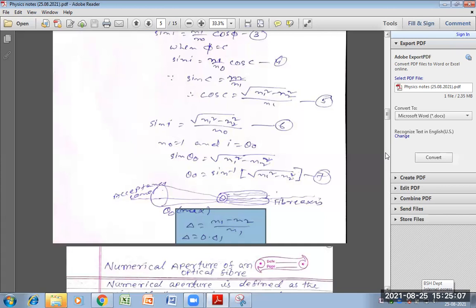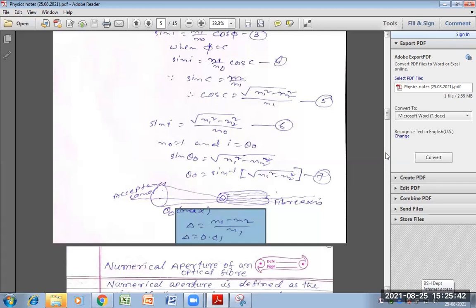Coming to the diagram, we have defined the acceptance angle as the maximum angle that a light ray can have relative to the axis of the fiber and propagate down the fiber. For the acceptance cone, the light rays contained within the cone having a full angle 2 theta naught are accepted and transmitted along the fiber.